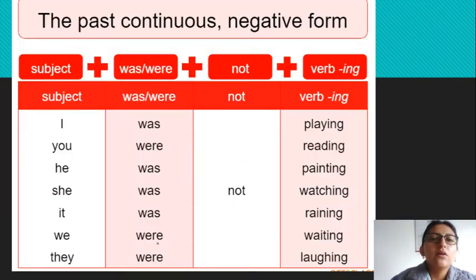Okay, the negative structure for past continuous is when you have the subject, the verb to be in past, plus not or with contractions, plus verb ing plus complement. Okay, let's make an example. Subject in third person, we're going to use she.